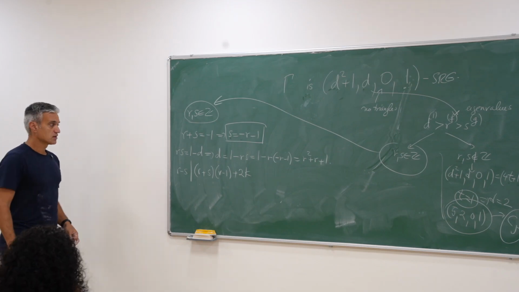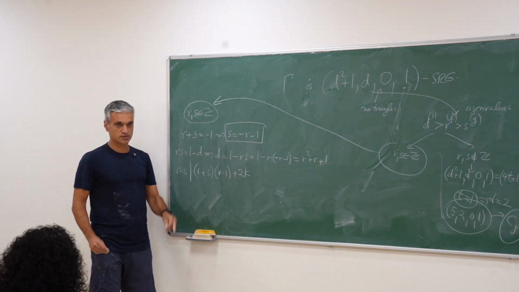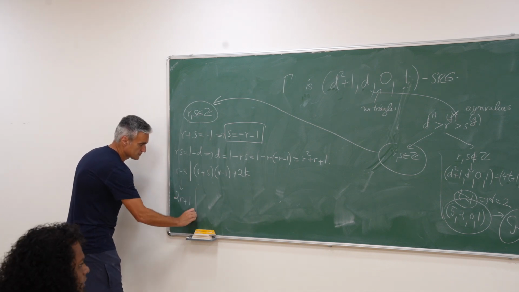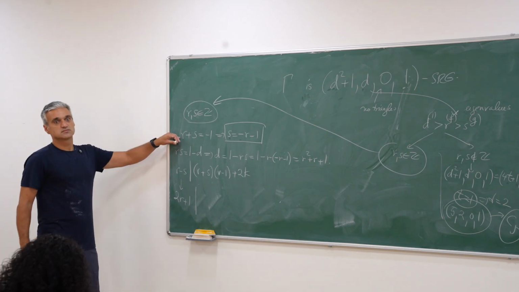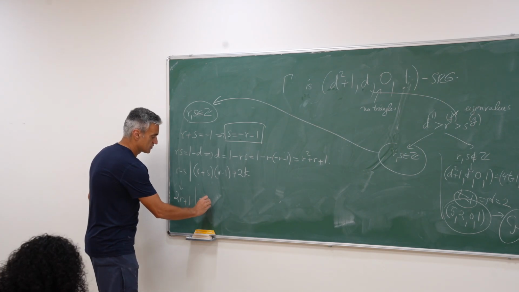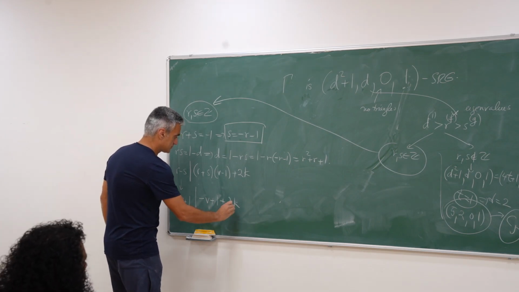R minus S, S is minus R minus 1, so that's going to be 2R plus 1. R plus S, we already did it, so it's minus V plus 1 plus 2K.